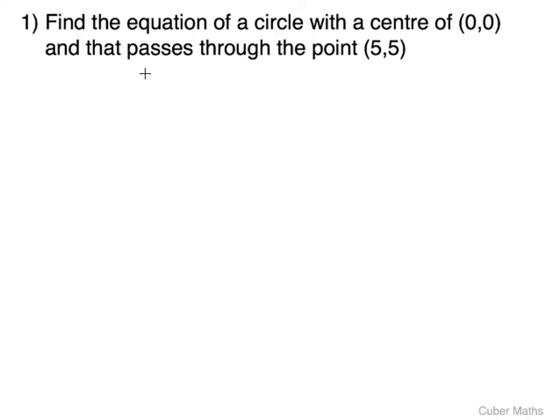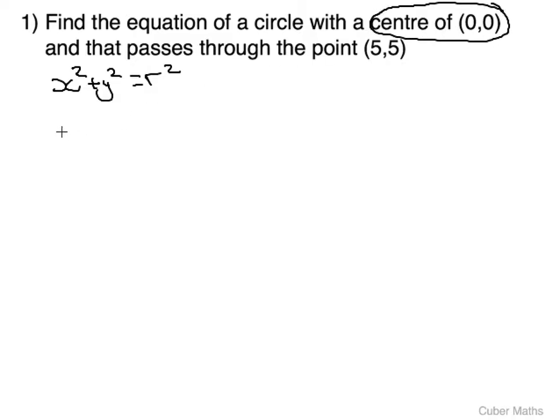Here we have our first problem, and it says find the equation of a circle with the centre of 0, 0 that passes through the point 5, 5. So if we write out the equation that we had on the previous page, it said x squared plus y squared equals r squared. But we need to incorporate the coordinates of the centre of the circle.